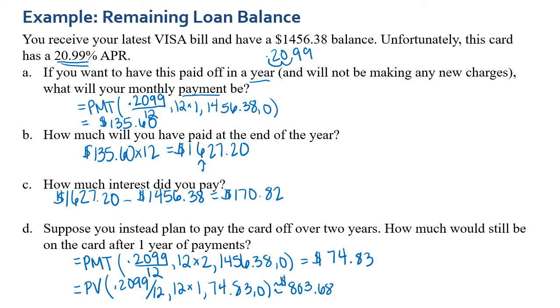So this means after 1 year, I'm still going to owe about $803.68. Let's just, for the heck of it, figure out how much we're actually paying in interest if I spread this out over 2 years. So let's figure out how much I'm paying total at the end of 2 years. We'll take that payment amount, which is $74.83, times monthly payments, so 12 times 2 years.